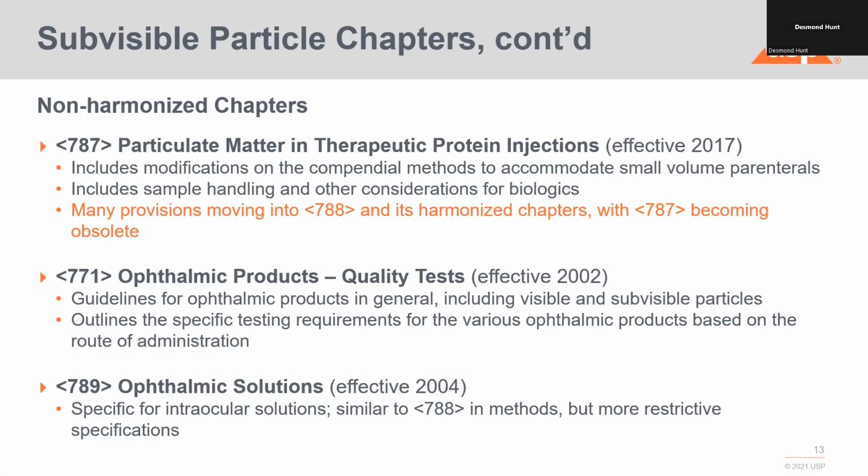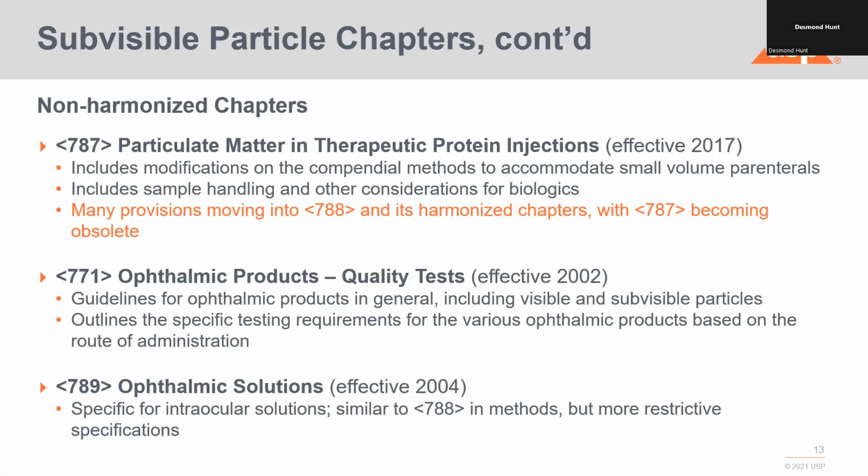Another chapter that I definitely want to put on people's radar as it relates to subvisible particles is 771. It talks about the various product quality tests for ophthalmic drug products. It gives general guidelines for both visible and subvisible particles for ophthalmic drug products. And it gives a very unique perspective in that it outlines specific testing requirements depending on the route of administration.